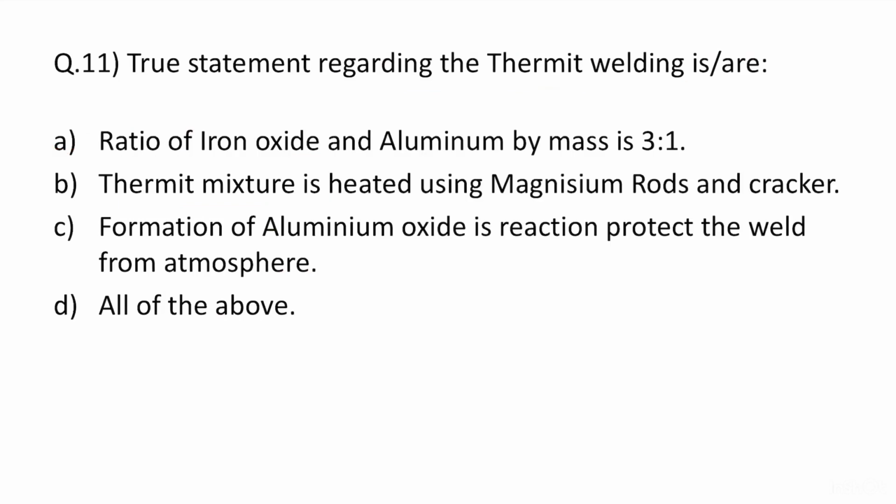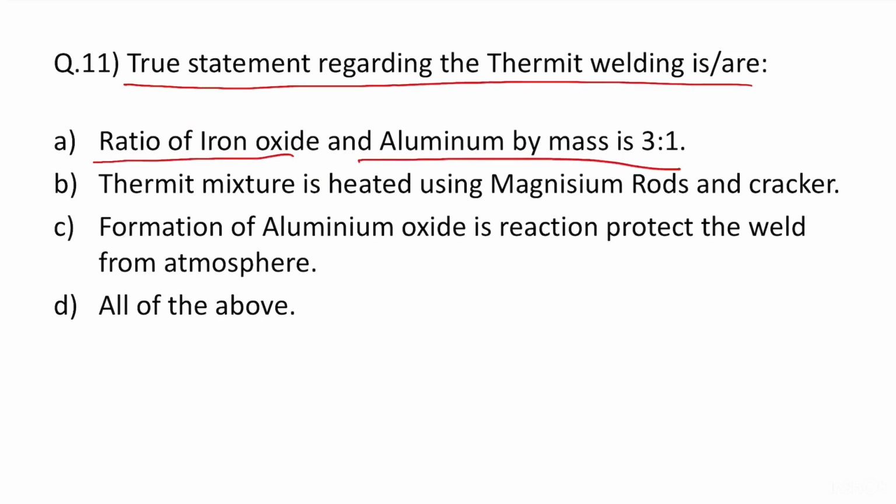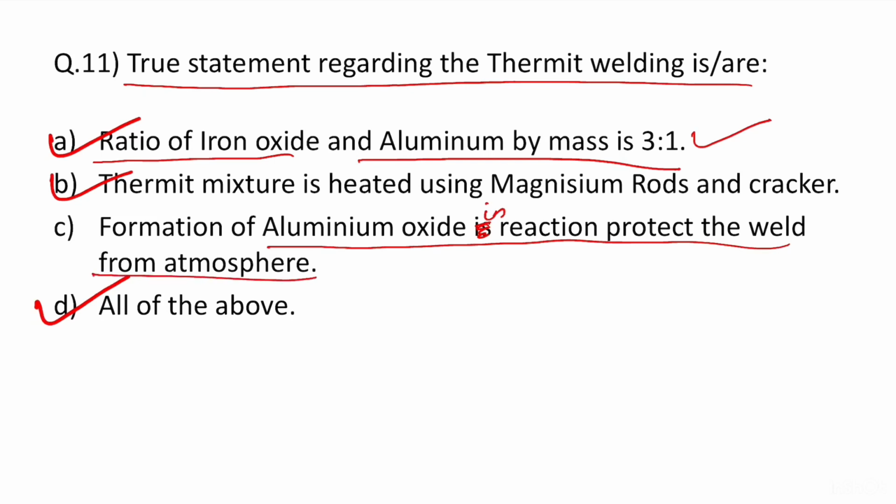Then question number 11. Okay, so true statement regarding the thermit welding. Ratio of iron oxide and aluminum by mass is yes, this is right. Thermit mixture is heated using magnesium rod and cracker, this is also right. So the answer is all of the above. Formation of aluminum oxide in reaction protects the weld from atmosphere, right?